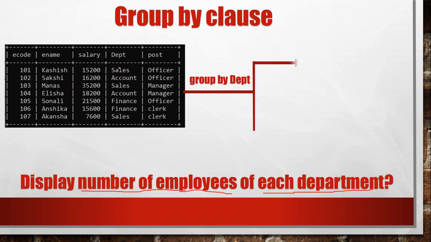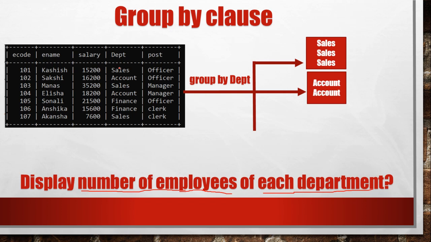First it internally makes a group which contains the records of all the sales department employees. Then it creates a group which contains all the accounts department employees' records, and finally it finds the group which contains all the finance department employees' records.